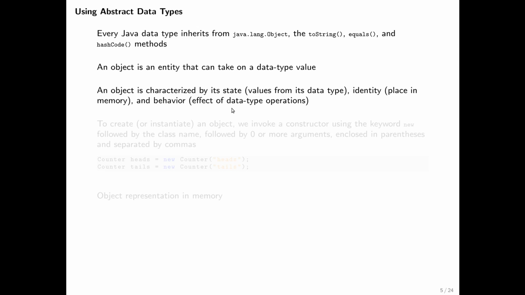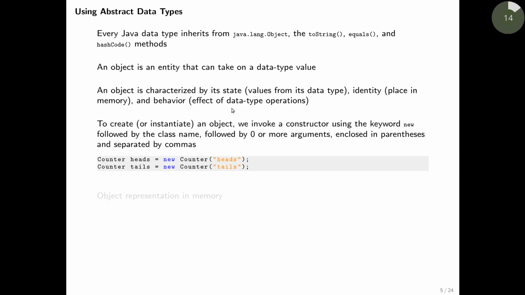So again, an object is characterized by three things: its state, its identity, and its behavior, which is given by the data type operations.